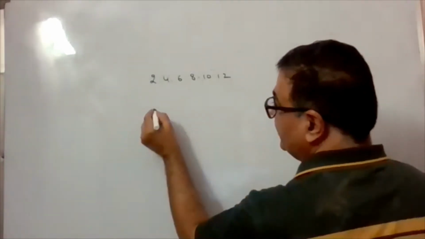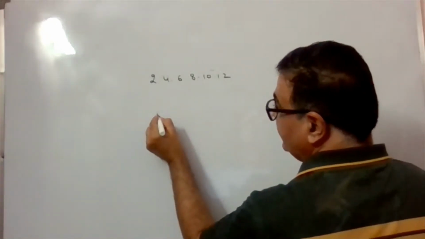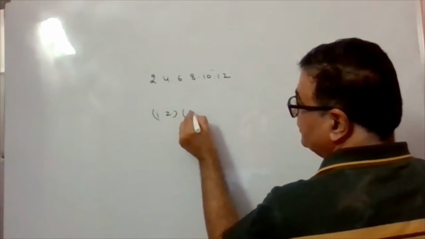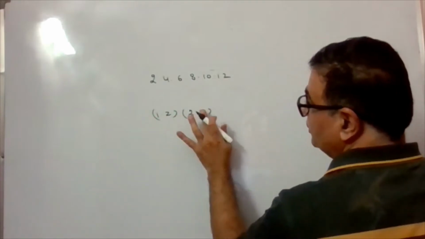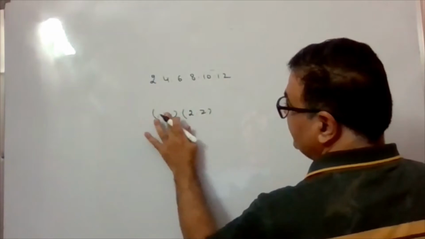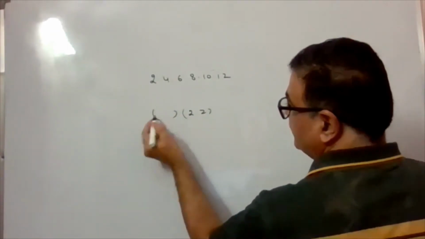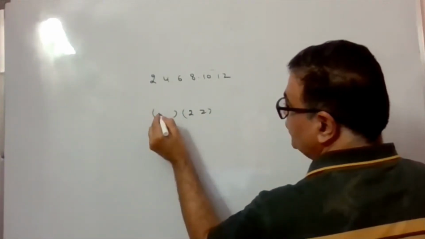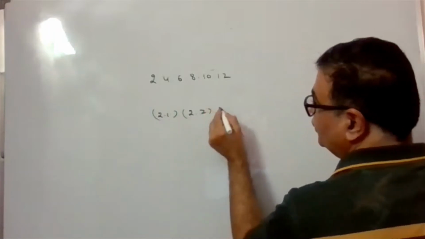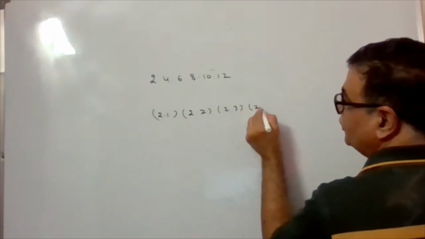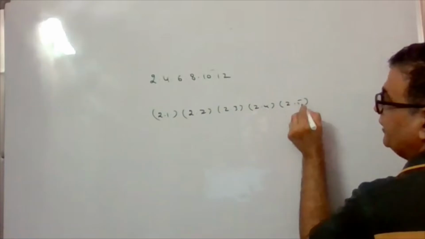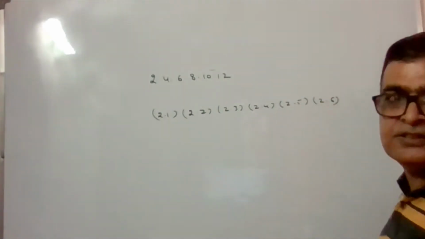So what I should do here in this case, 2 I'll write as 2 into 1, then 2 into 2, then 2 into 3, then 2 into 4, then 2 into 5, and then 2 into 6.